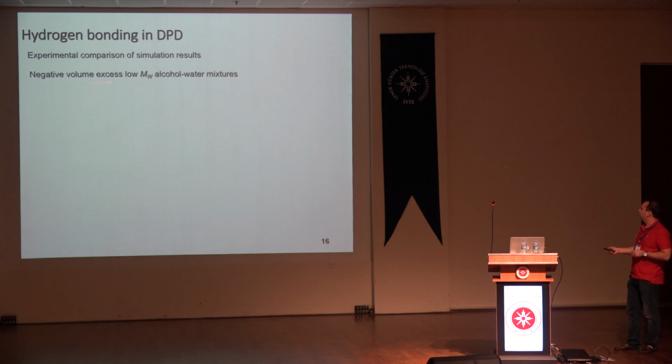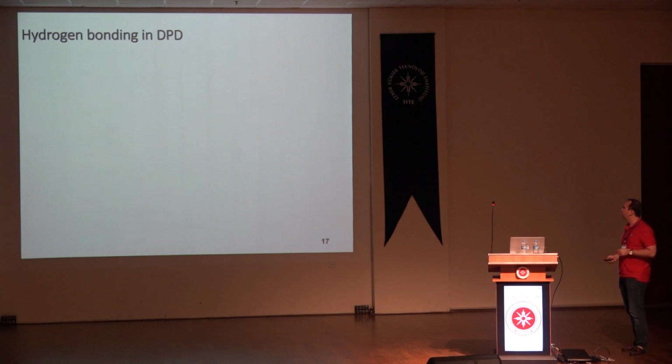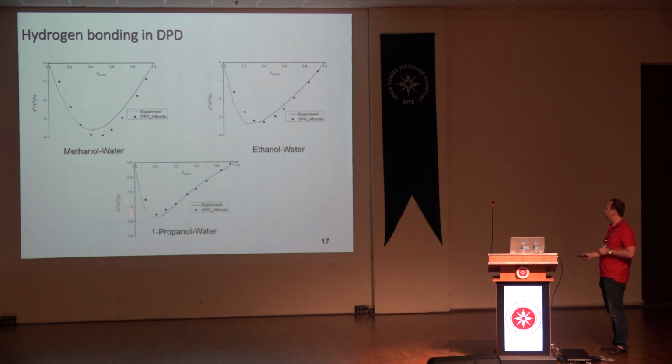As I already mentioned, this gives a negative volume excess for these alcohol-water mixtures. If you were to do this with a conventional DPD procedure, you would always have a positive volume excess. And this is the behavior in the experiments. Here, for the methanol-water, ethanol-water, and propanol-water cases, the lines are experiments and the dots are our prediction, and you can see that a very nice fit is observed.